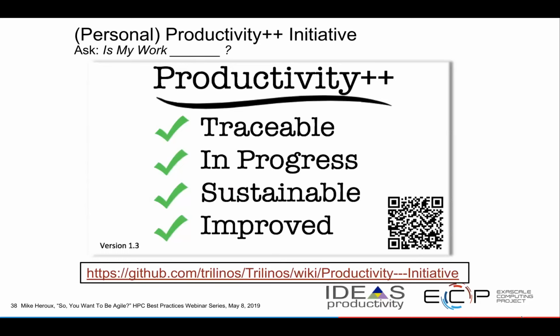Meaning I can point back to an origin that this is something really important. Is it in progress? In other words, if I'm using Kanban, is this something I'm intentionally working on? Or am I doing it just because someone prodded me by a phone call to up the priority of something that's not so important? And then is it sustainable?